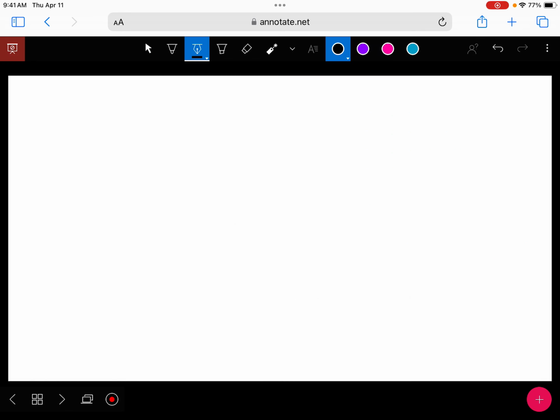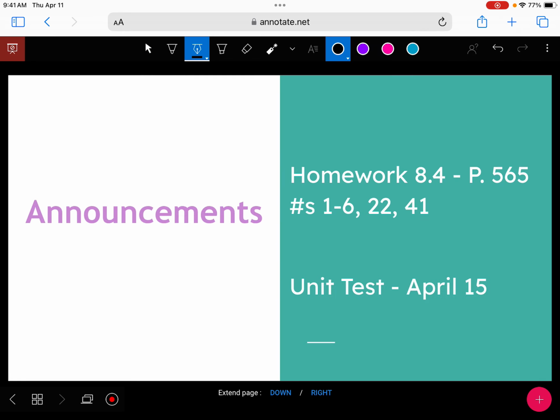All right, so last homework. This says unit test April 15th, which is Monday. Monday's awful. Let's do Tuesday, because Monday's bad.